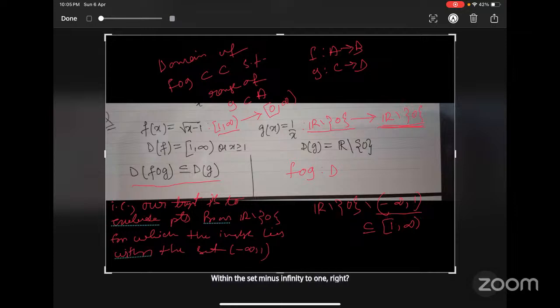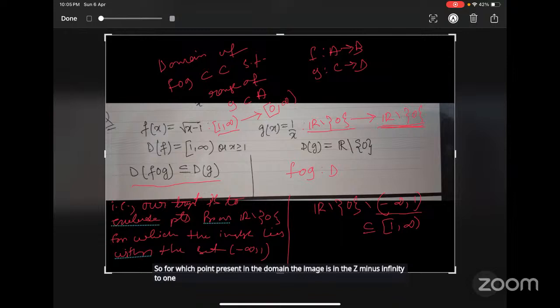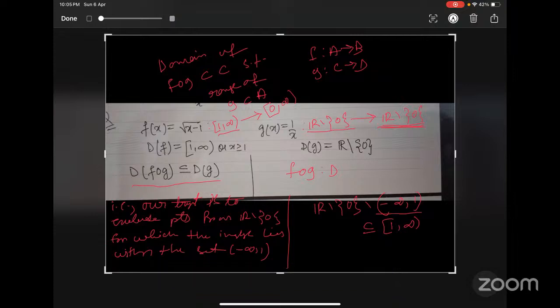For which point present in the domain is the image in the set minus infinity to 1?